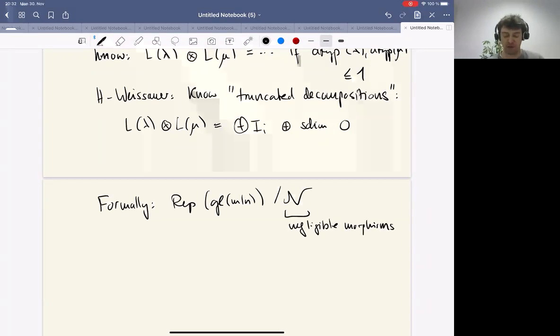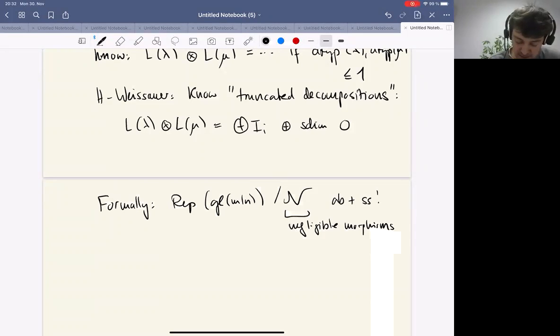And whenever you quotient a tensor category by some tensor ideal, you still keep a symmetric monoidal category. If the previous category is rigid, the quotient is rigid, and so on. Now, the nice thing about quotienting by the negligible morphisms is that this is semi-simple and abelian. You could call it a so-called pre-Tannakian category.